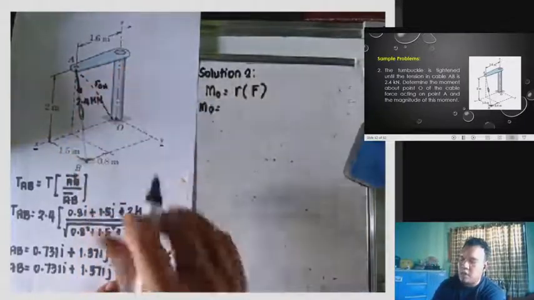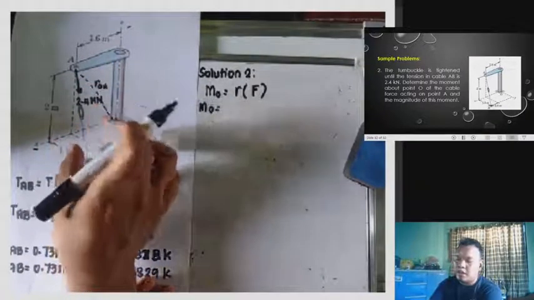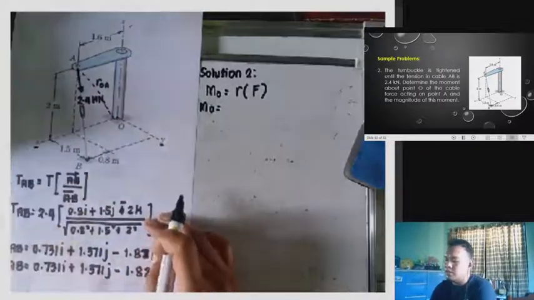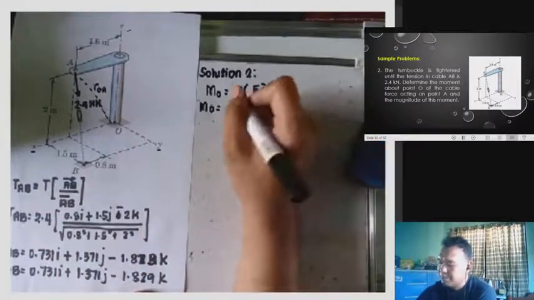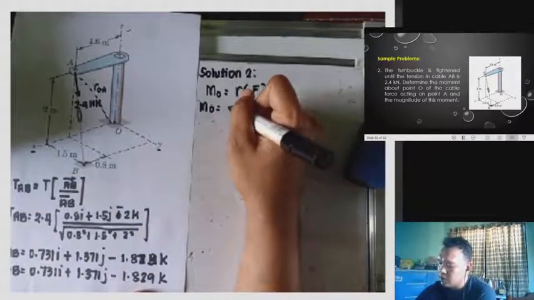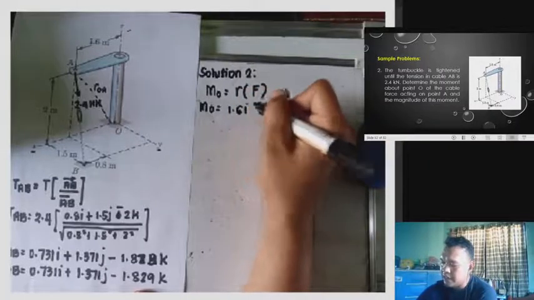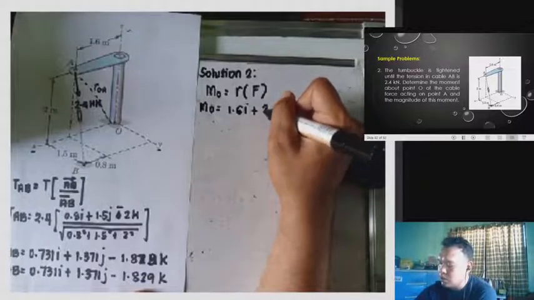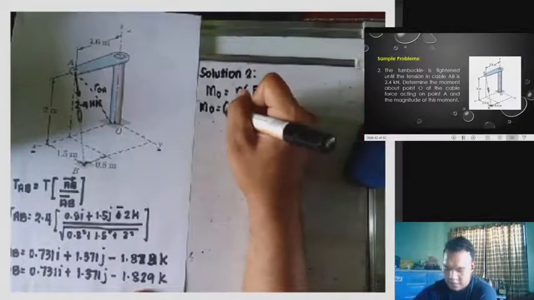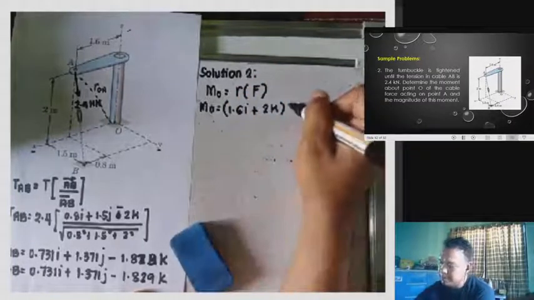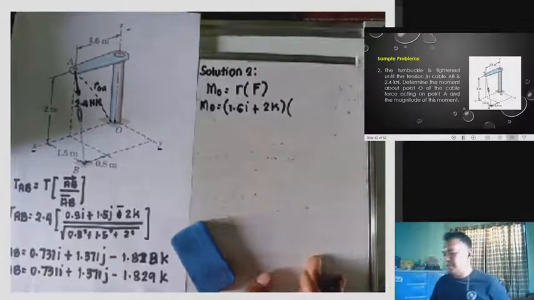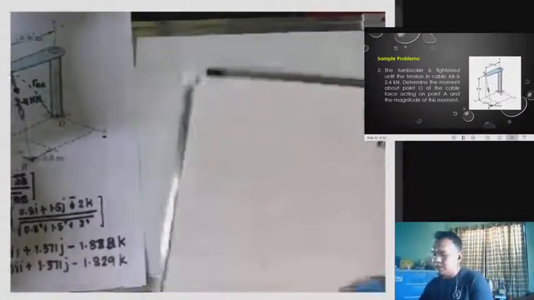R_OA. So, we have R_OA. So, ang R_OA natin ay meron tayong X and Z component. So, therefore, si R natin is 1.6i kasi nga x-axis siya plus yung 2k multiplied by the value of F, which is ito. Nasa ilalim. Okay? So, mukhang hindi kakasya yung solusyon. Wait lang. Ilipat ko na lang dito. Okay?